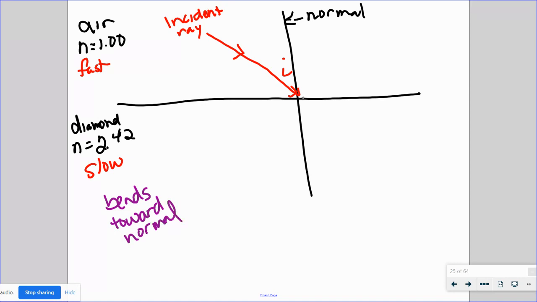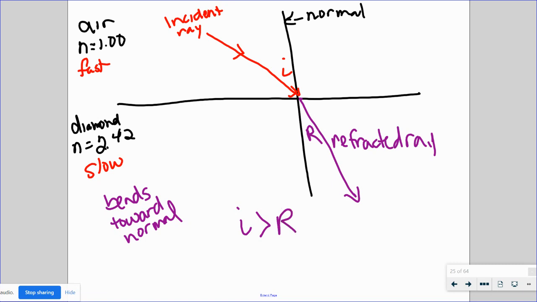So it's going to bend down, and this is the refracted ray, and this is our angle of refraction, R. So here, I is bigger than R.